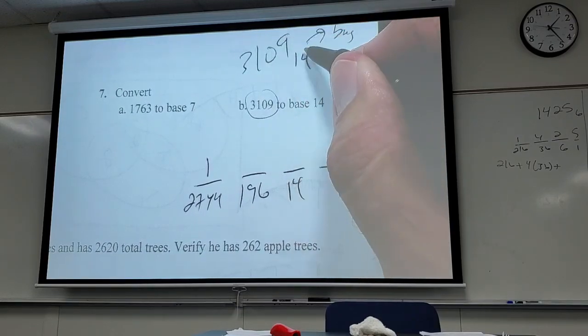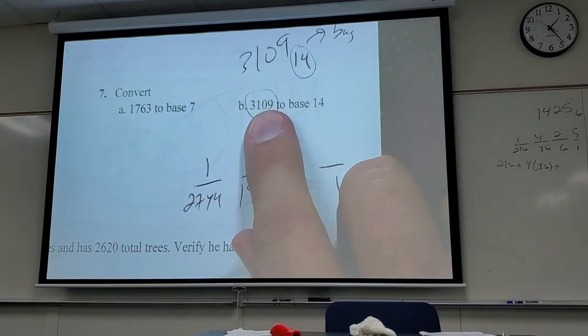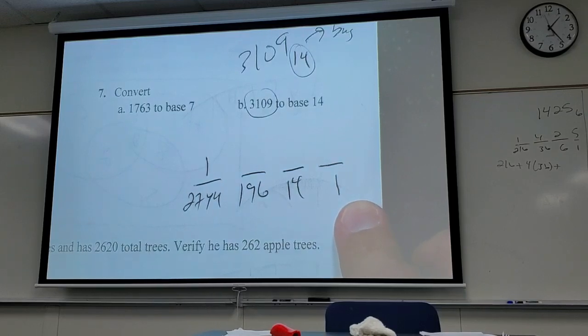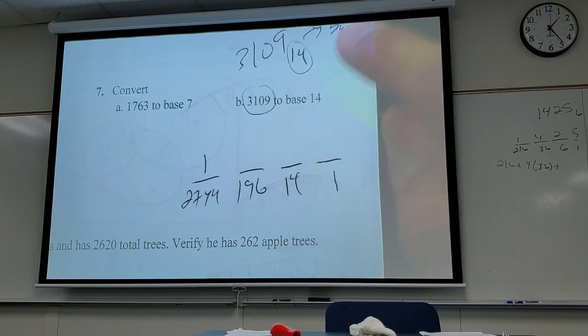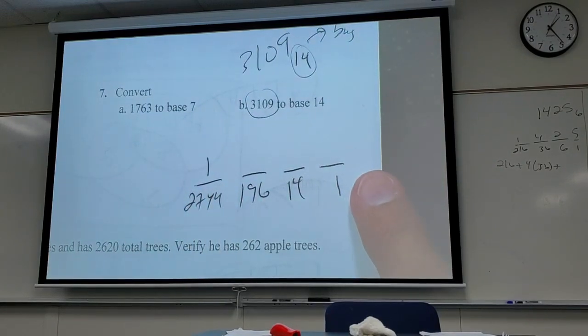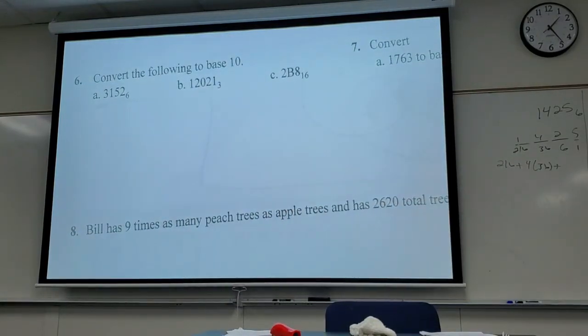When the number is already in the base, the places are filled in. When the number is not in the base yet, the places are empty. Does that make sense? That's why going from ours to a different base sucks, because there's a lot more we don't know. If I'm going from somebody else's to ours, we know everything. We just got to put it together, right?